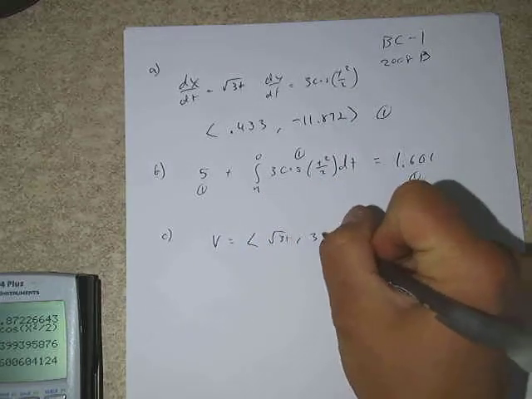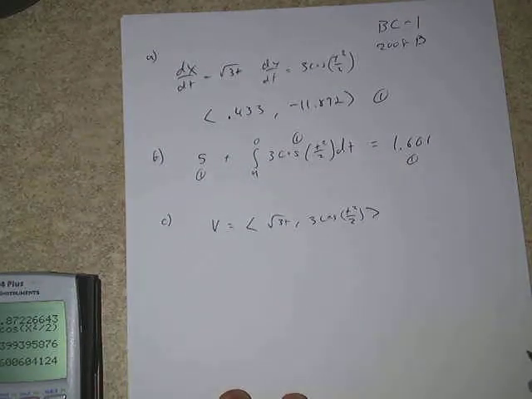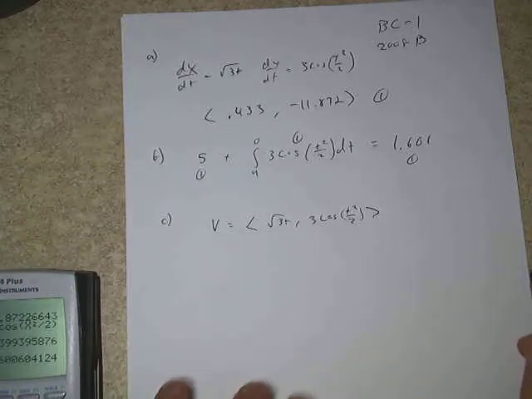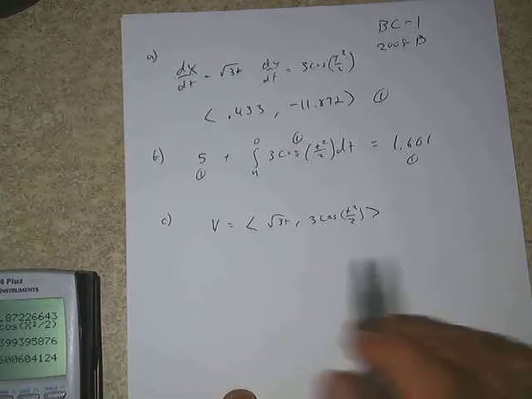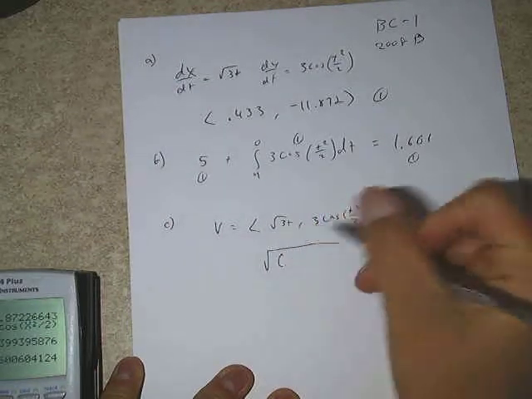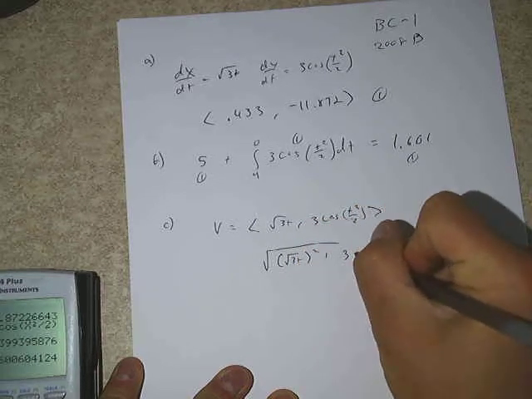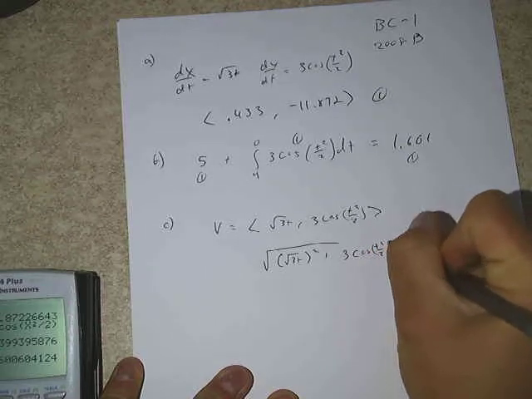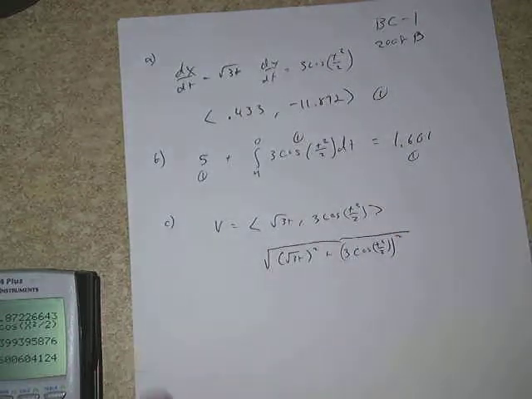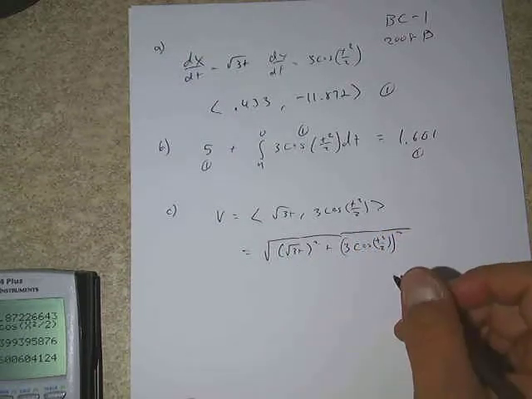When we have a velocity vector, radical 3t, 3 cosine of t squared over 2, the speed is the absolute value of the velocity, which is the square root of the components squared. That's how we calculate the absolute value of something in parametric form.